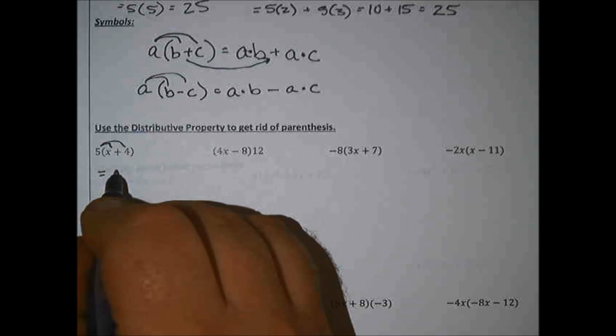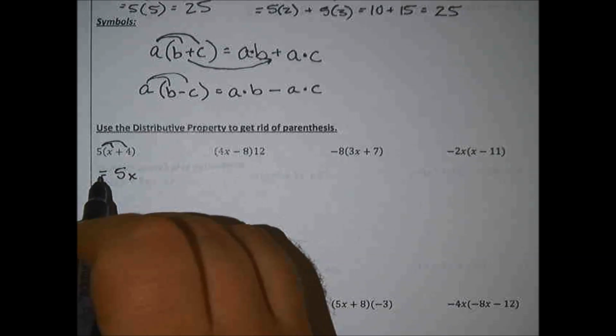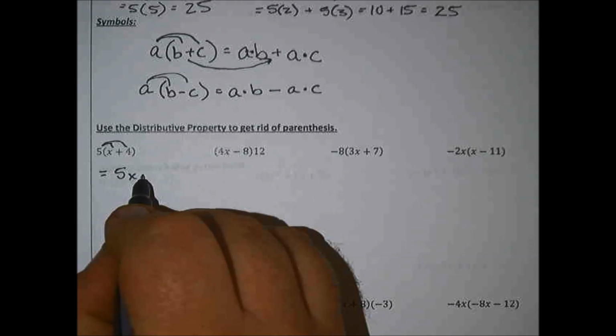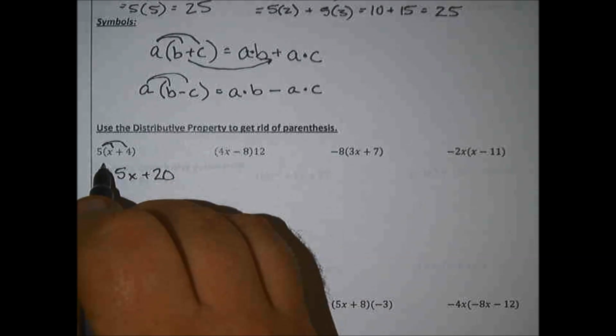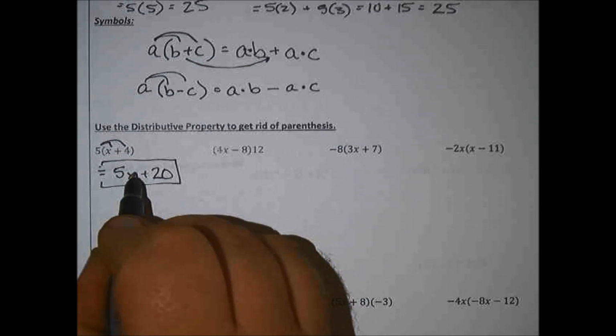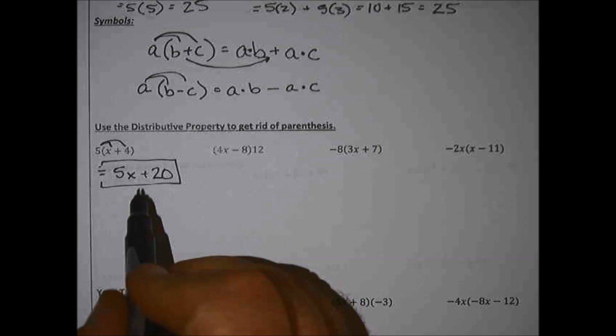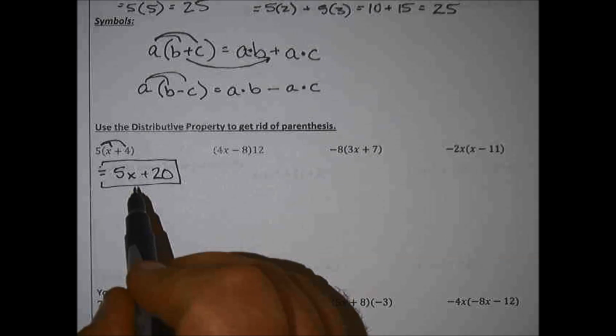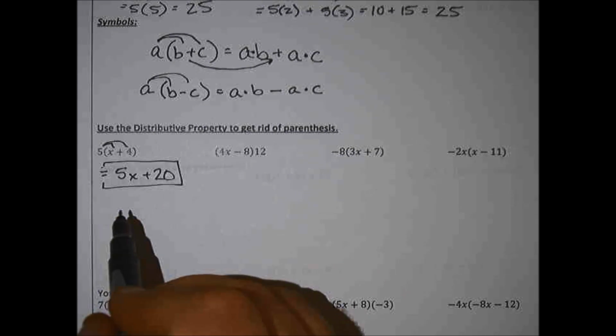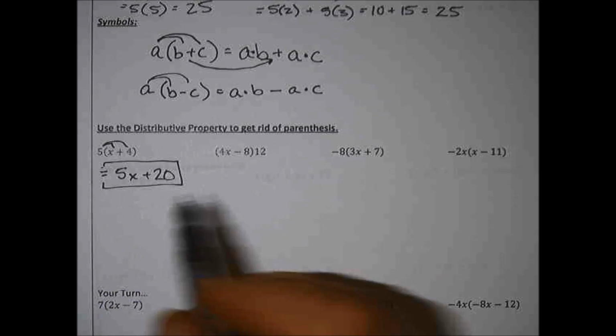So 5 times x, we just write that as 5x. 5 times 4, that's 20. See how nice that is? That looks a lot better than that. Yeah, the numbers are a little bit bigger, but at the same time, my answer doesn't have parentheses. And this is actually a lot easier if I'm going to put a number in for x and figure out what it's going to equal. That makes life a lot easier.